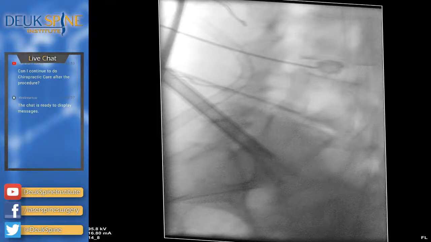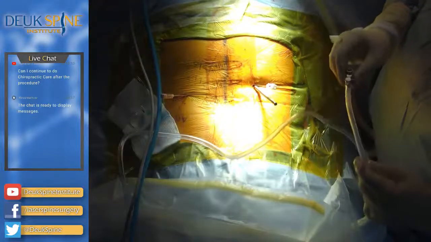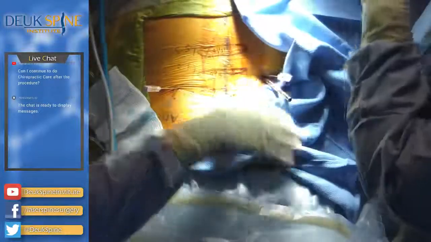For those of you who have never seen the surgery before, this is a Duke laser disc repair. It's a specific type of surgery because of what I do in the disc. But all this part, making the incision, going from the side, putting a tube, it's all pretty standard endoscopic surgery. I'm doing an L5S1 right now. There's not many endoscopic surgeons in the world, and most don't do L5S1 because they're unable to.